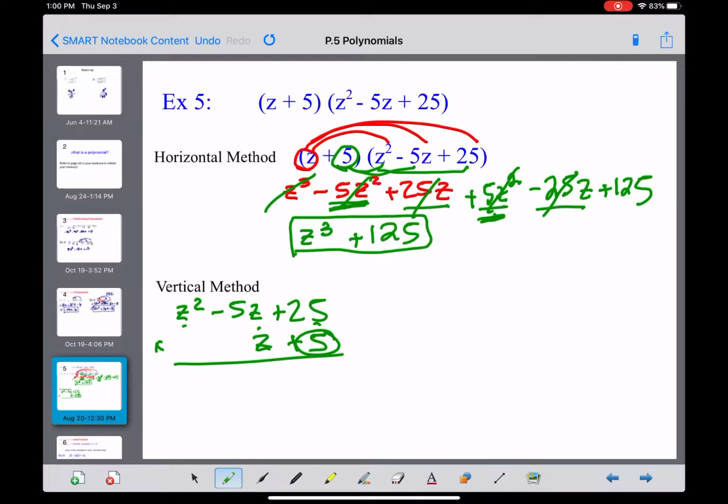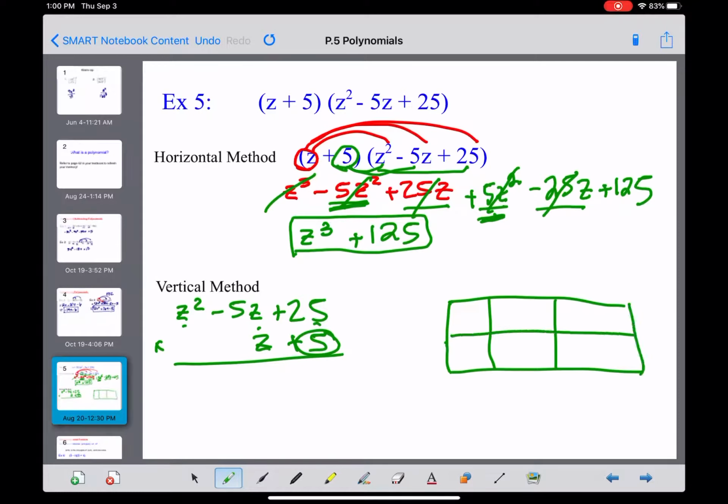A lot of people prefer this box method where you put your term, so z squared minus 5z plus 25, z plus 5, and then you just take z squared times z, which is z to the third, negative 5z squared. So these are just different ways to help you organize it if you really struggle with the horizontal method.